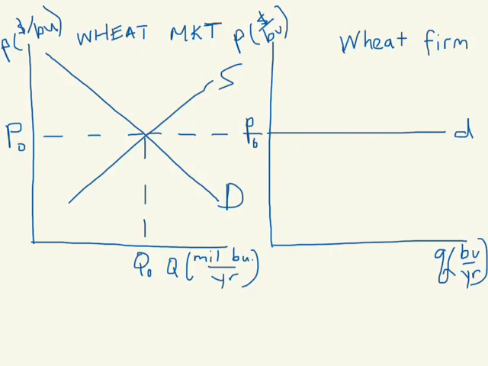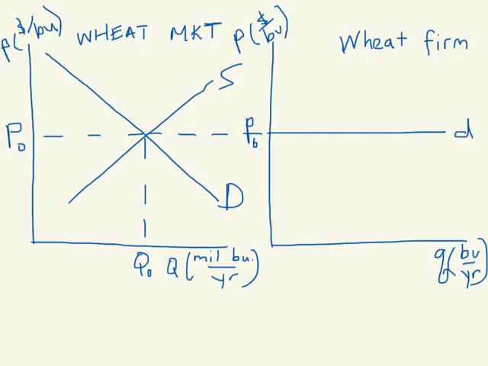Why would I pay P0 plus 1 or whatever from you? I wouldn't. So you try to raise prices, quantity demanded goes to zero. You lower prices, well, you could sell all you wanted at the price P0. You never would lower price, right? You're a profit maximizer.